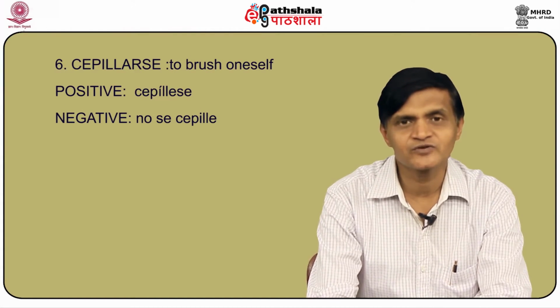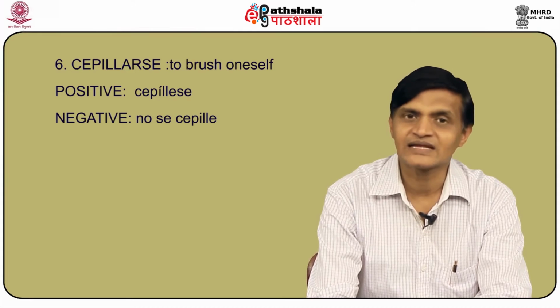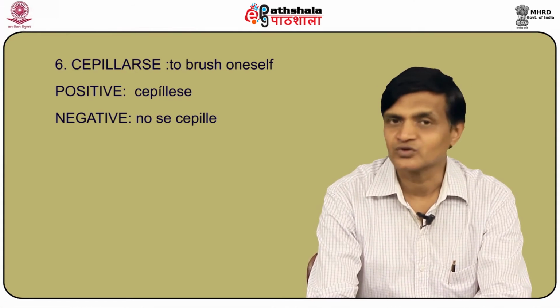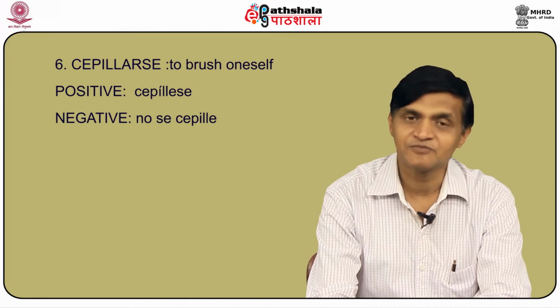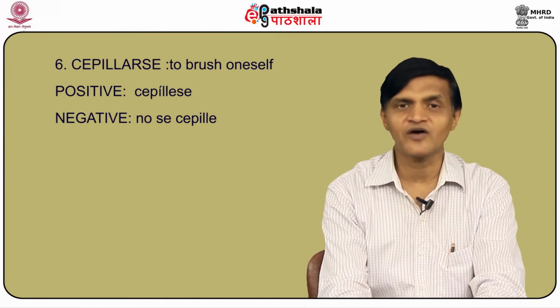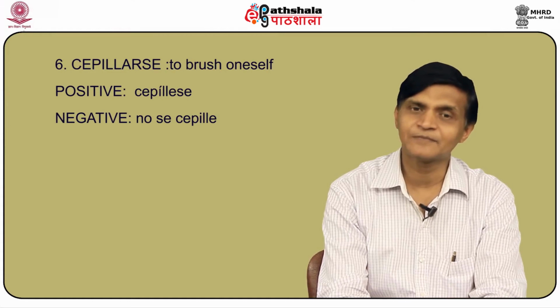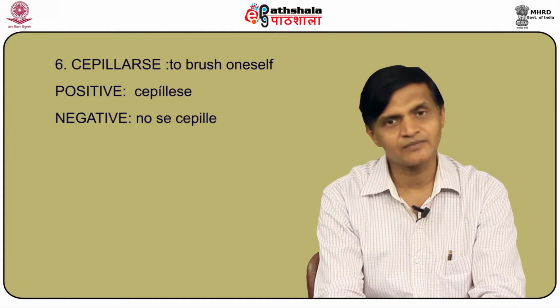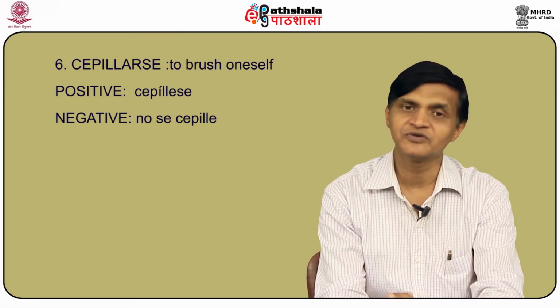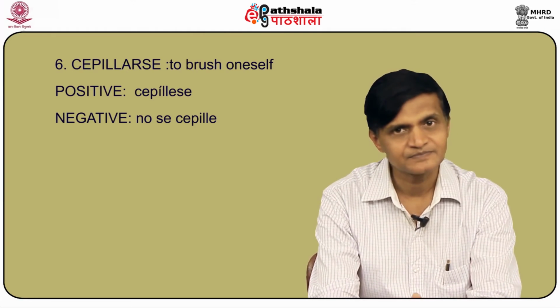The positive would be cepíllese with an accent on the first e, and the negative would be no se cepille. I repeat, the positive command in the Usted form of cepillarse would be cepíllese, and the negative command would be no se cepille.